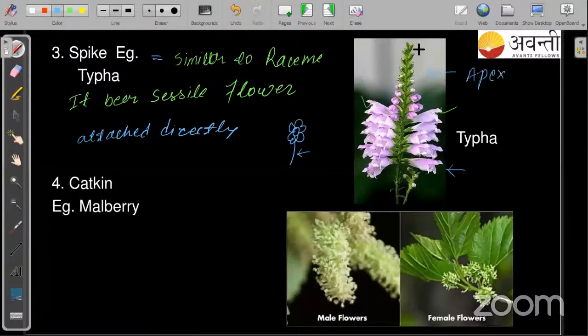This is the common thing in all racemose. Regarding the floral axis, the floral stalk is the floral axis, but here the flower is attached directly on the central arm.